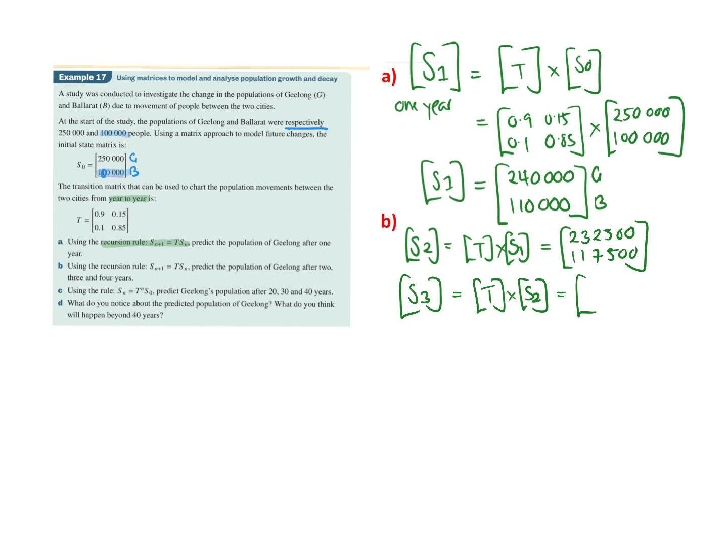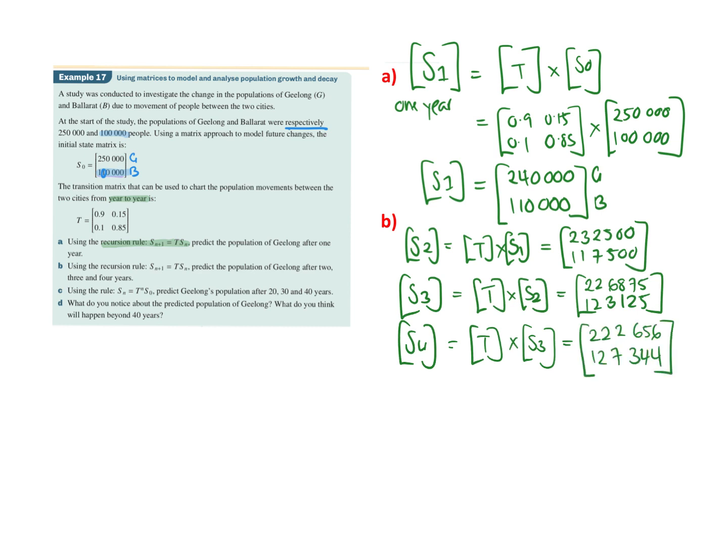Okay, so the next one, 228,675 and 123,125. Okay, and then what do we have to do? 3 and 4. So we've got to get S4. So it'll be the transition times S3, and we're going to pop in our answer.